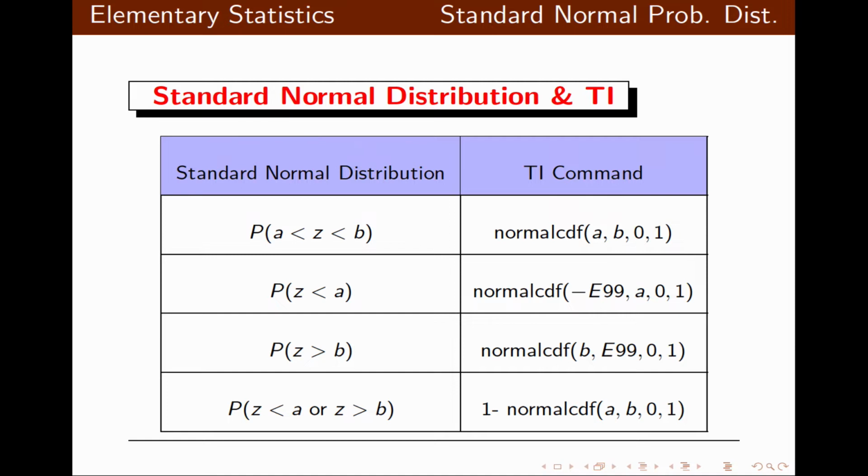For that, we're going to use the TI command normal CDF with the lower value, upper value, 0 for the mean, and 1 for standard deviation. In the case of infinity and negative infinity, we're going to use E99 and negative E99, which is the scientific notation for 10 to the 99 power.